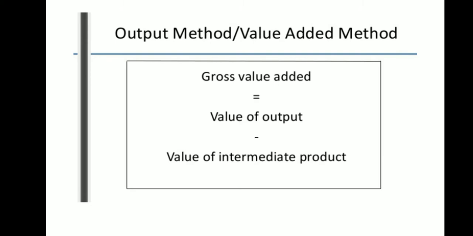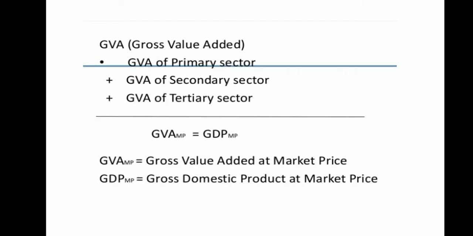First of all we need to find GVOMP, that is sales plus change in stock. After getting GVOMP, we need to subtract intermediate consumption, that is raw material cost. Now after deducting, what you get is GVA MP, that is gross value added at market price.